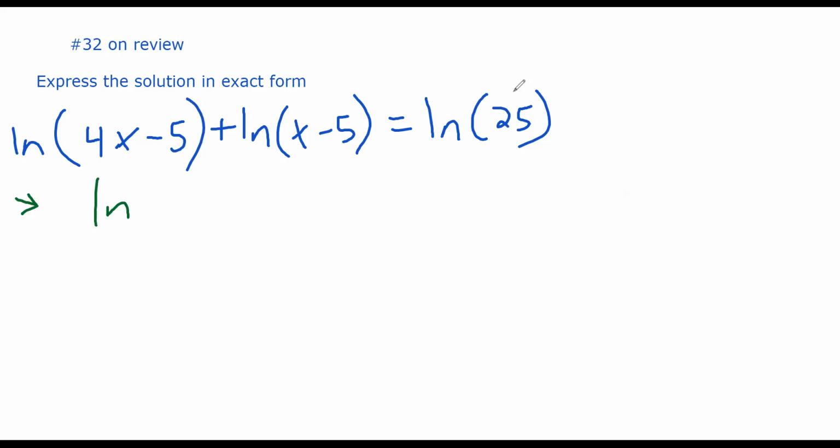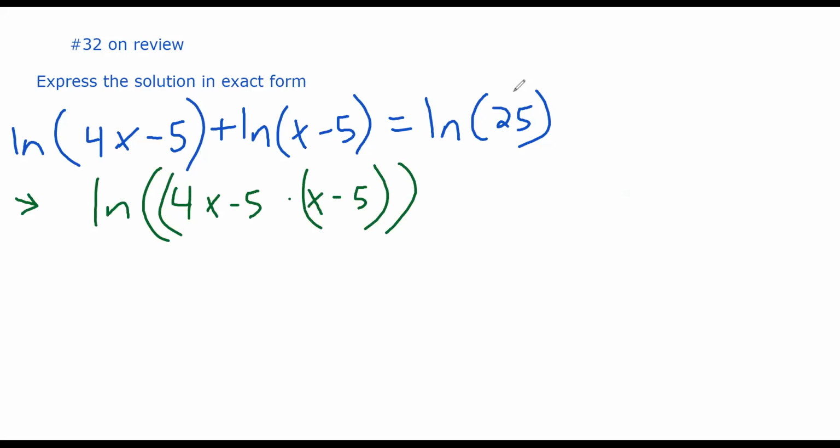But here's a little warning: you're going to want to put parentheses around these so that you're multiplying the entire 4x minus 5 times the entire x minus 5. And then you're still equal to the ln of 25.